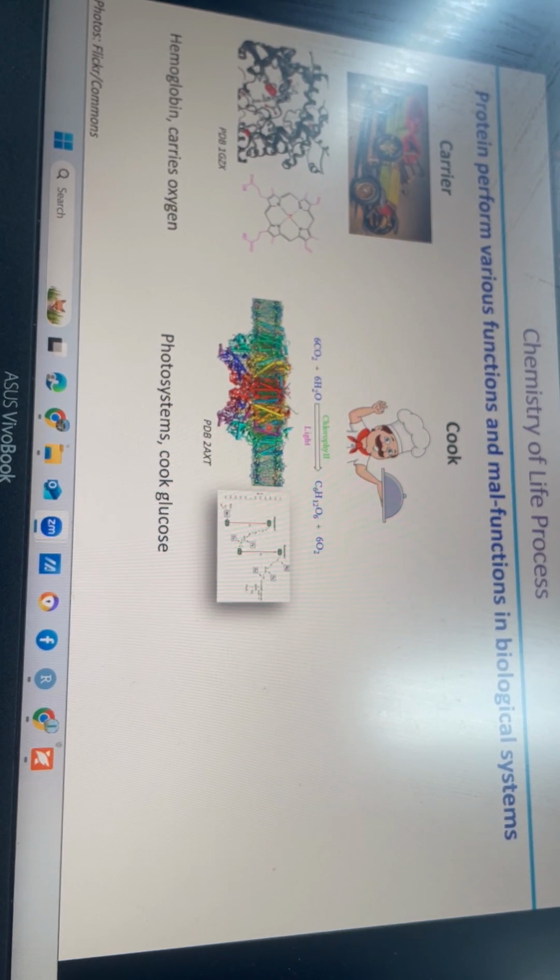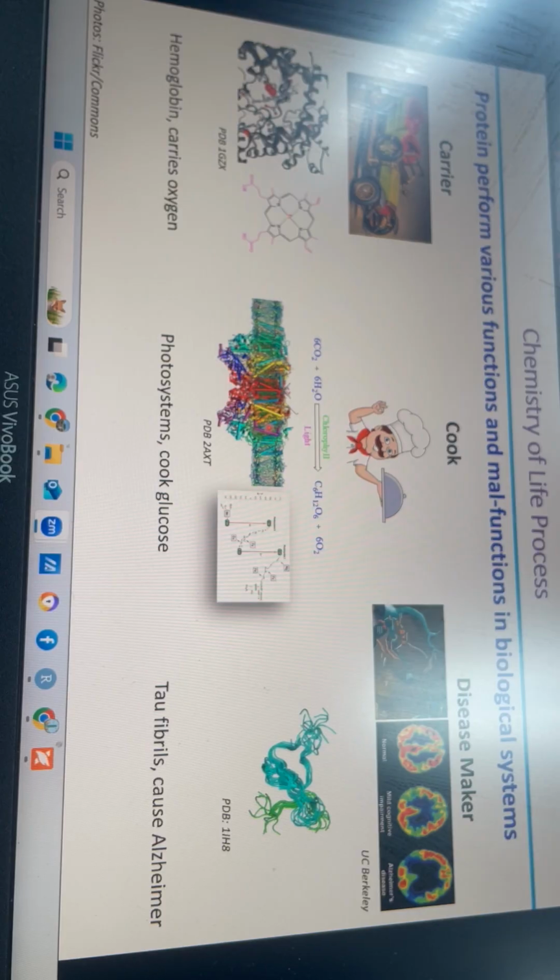Okay. And then we have some other proteins that are actually kind of disease makers. So for example, amyloid beta. There are 3 proteins responsible for Alzheimer's disease: amyloid beta, alpha-synuclein, and tau protein.